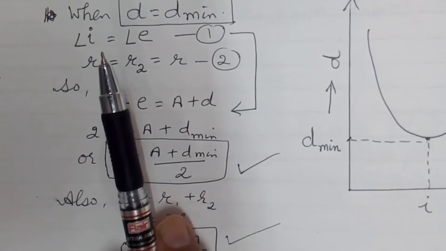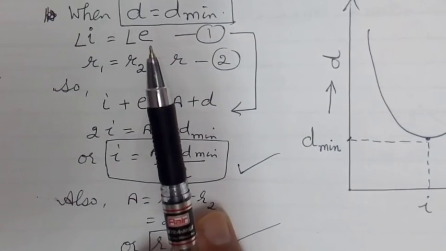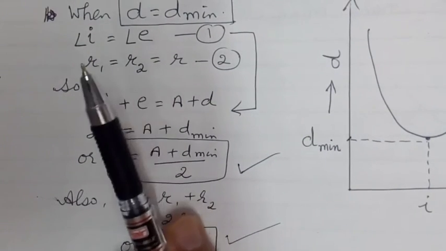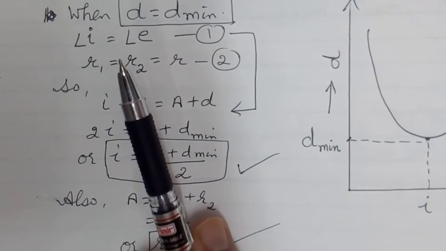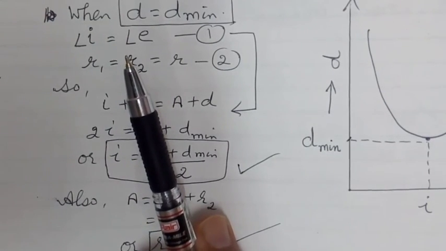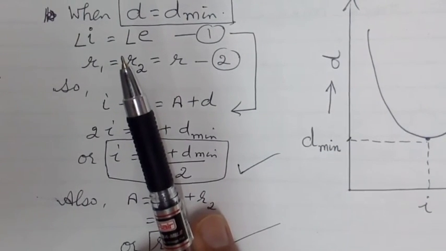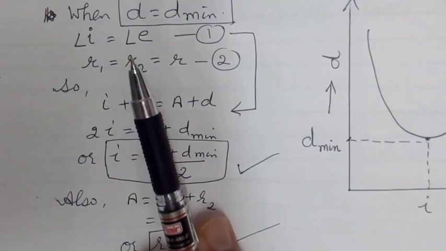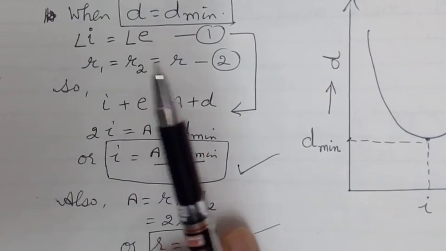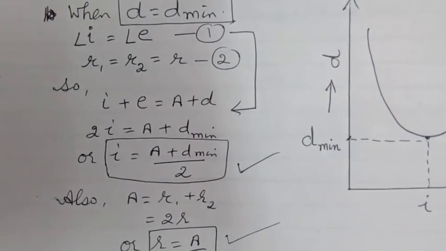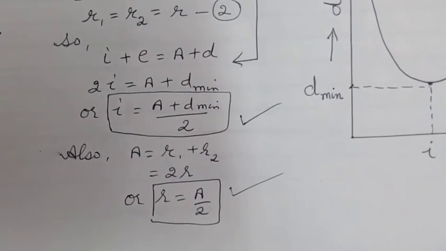We come to know by looking at the angle of incidence and angle of emergence. If they are both equal, then the prism is in minimum deviation position, and if they are not equal, then it is not. And R1 is equal to R2 is equal to R, and these relationships are very, very important.